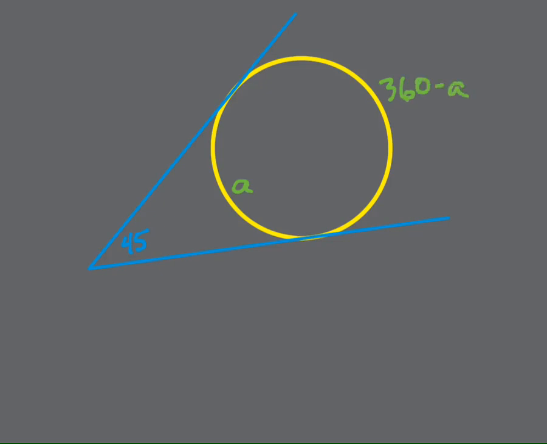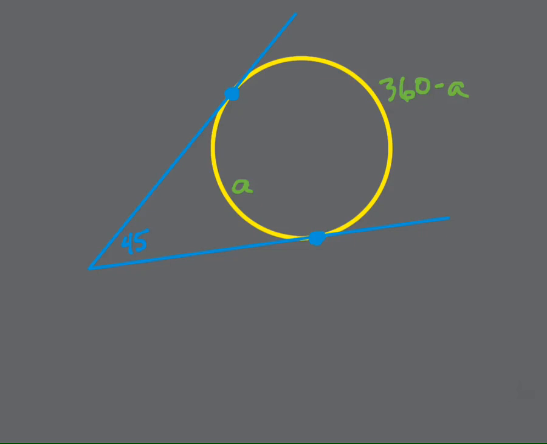And that's only true because both of these segments are tangent to the circle. So the two arcs that we get both have the same endpoints, so they're going to add up to 360. So one of them's 360 minus A, the other one's A.